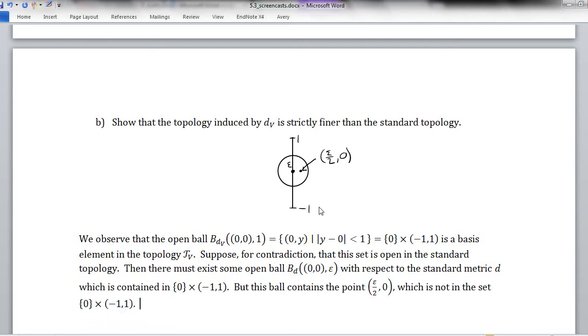Okay, so that's our contradiction. We can't have such an open ball contained inside of this open ball up here. All right, so we've shown that there are some sets that are open in T sub v, but not open in the standard topology.